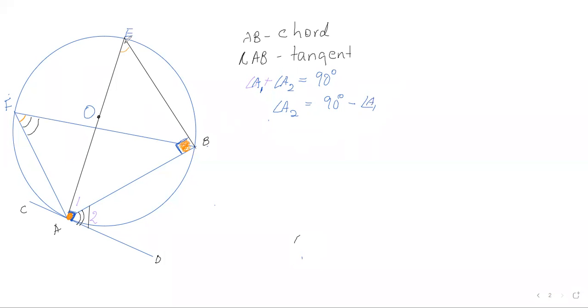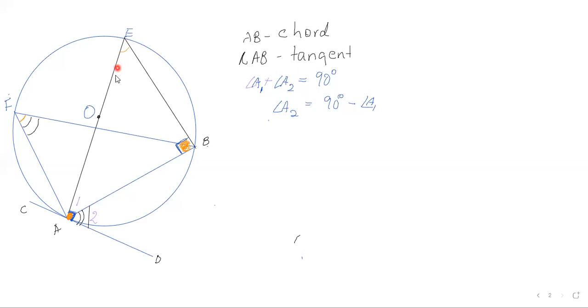Now, in this triangle EAB, angle E plus A1 is equal to 90. 90 plus 90 give us 180. The sum of the angles of a triangle is equal to 180 degrees.